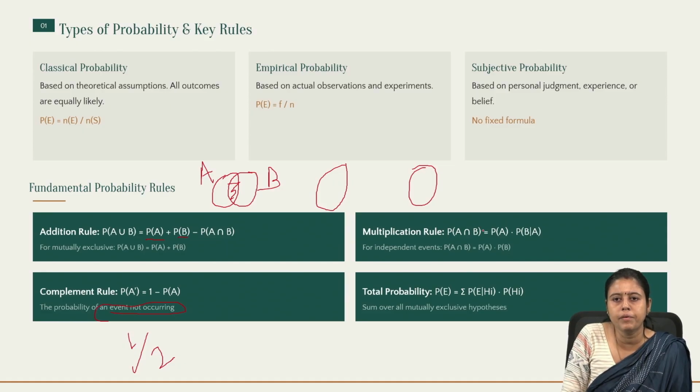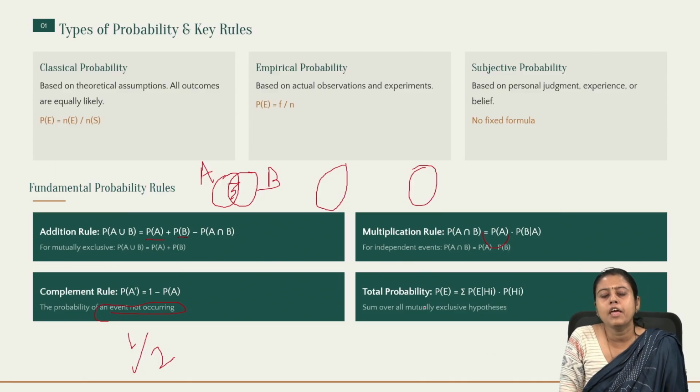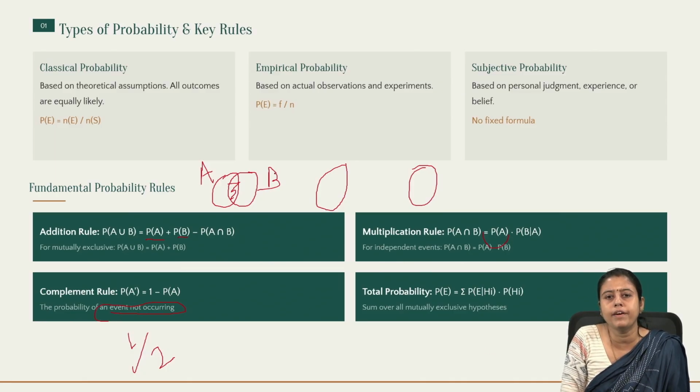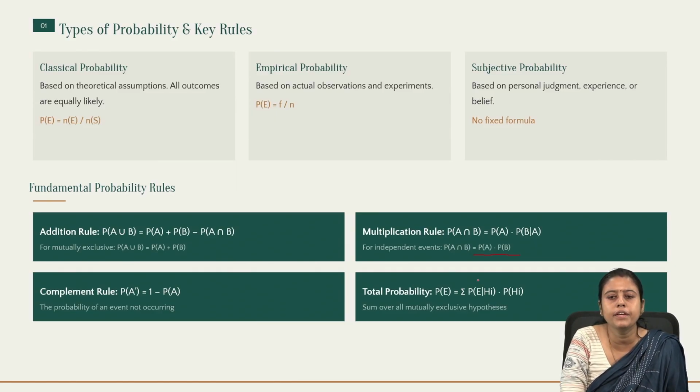PA is the probability of one case, and PB by A means how much of B depends on A. If PA and PB are both independent, then we can simply write PA into PB. But if A and B are mutually linked, we write PA into PB by A, the probability of B based on A.